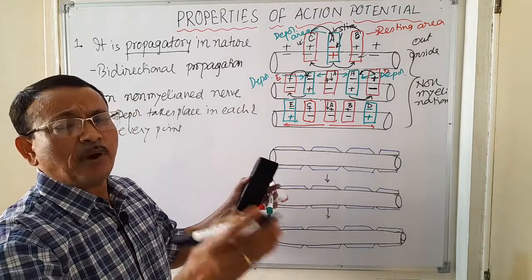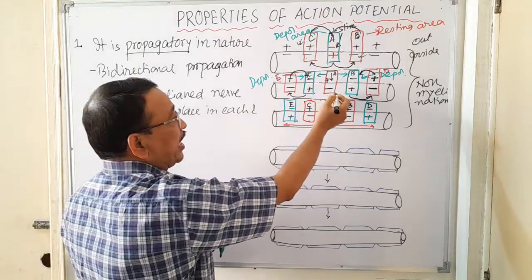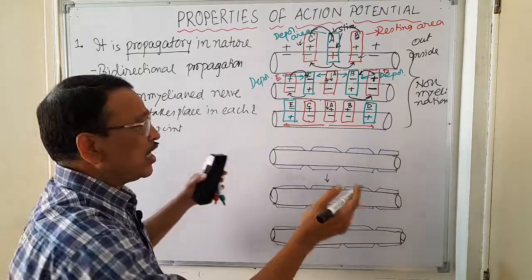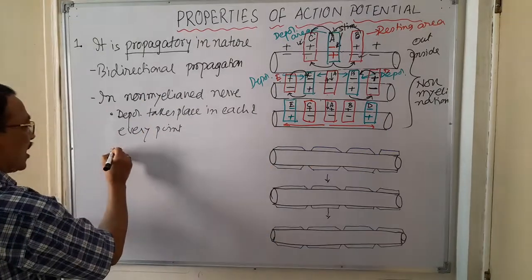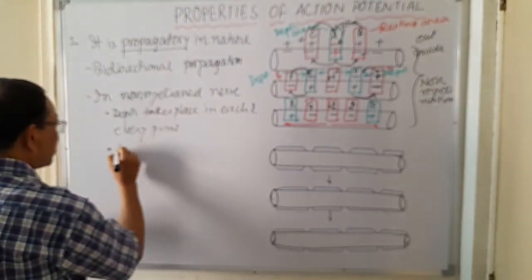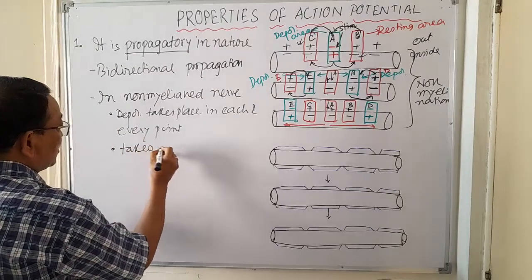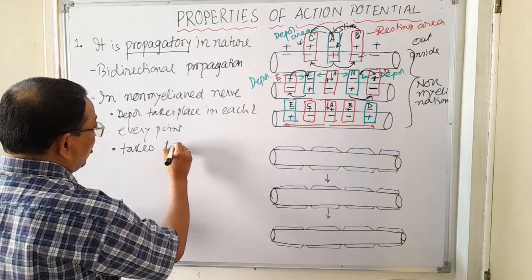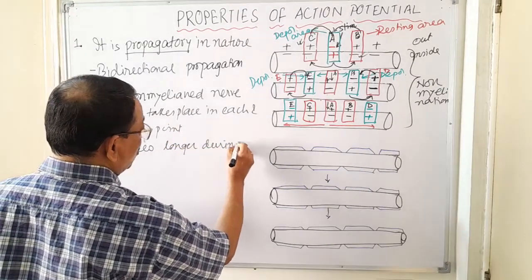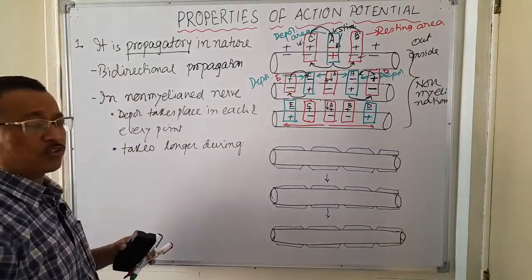Slowly, the impulse is getting traveled from A to E or from A to D. So this propagation takes time because at each and every point depolarization is required. So this takes a longer duration, or it is a slow process.